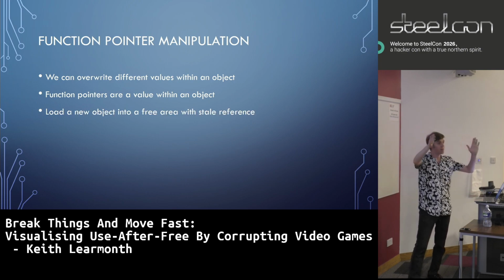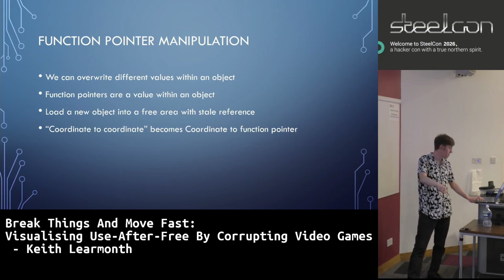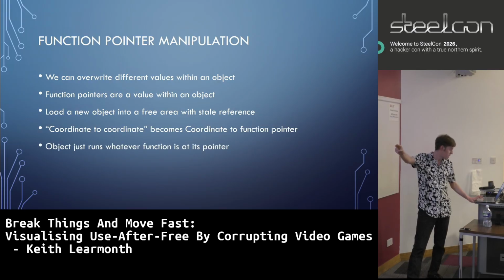So if you've freed up an object, but you still have a stale reference, if that stale reference is over a function pointer, then whenever that object tries to use that function, it's no longer pointing at the right thing. Coordinate to coordinate becomes coordinate to function pointer. And the object just runs whatever's at the pointer.